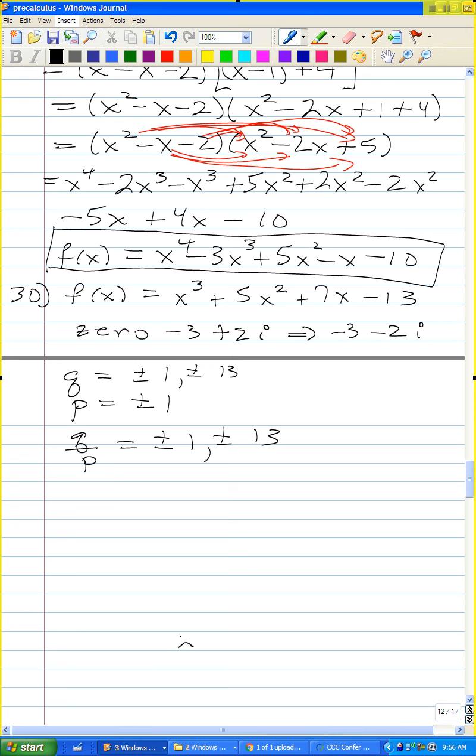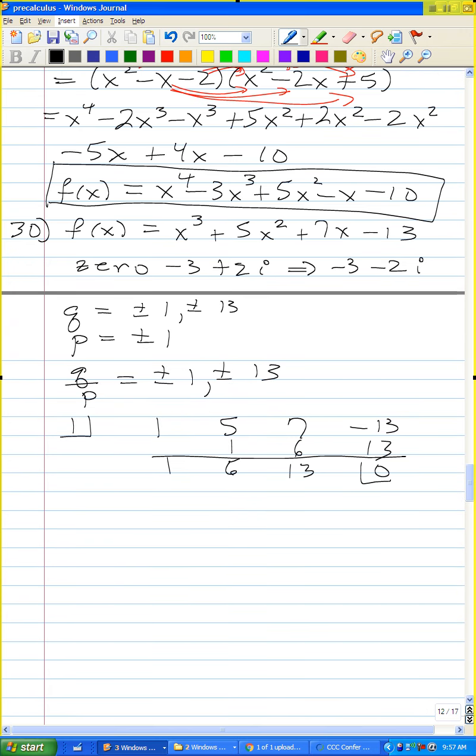But maybe what I'll do is try 1, see if 1 works. It does. 1 for x cubed, 5x squared, 7x, minus 13. And so I get 1, 6, 13, 0.